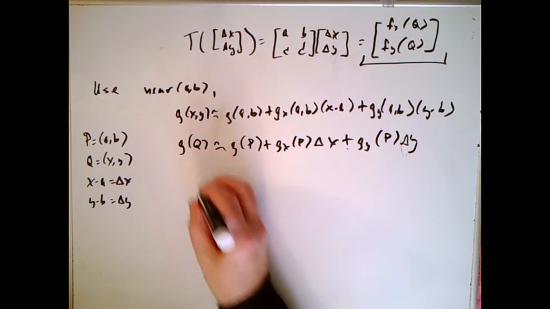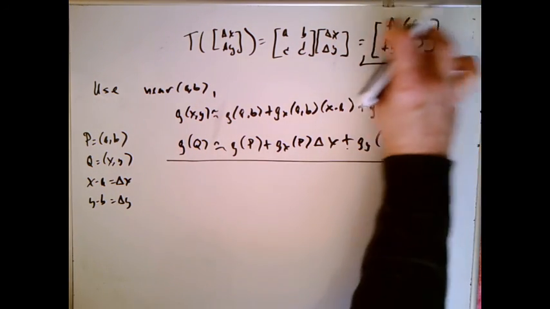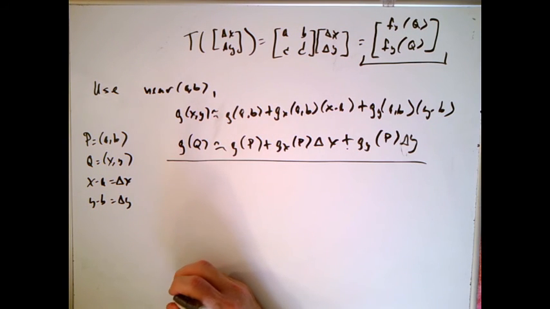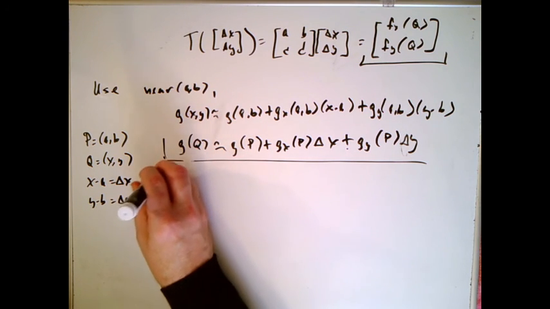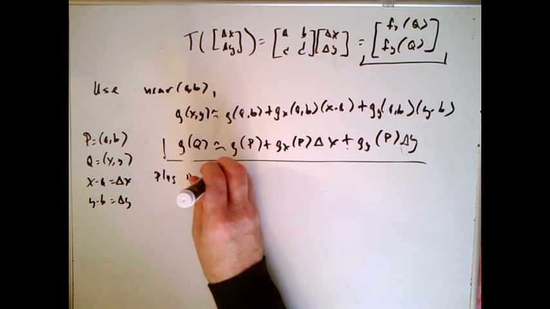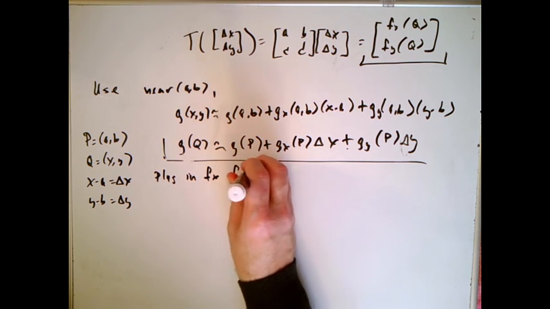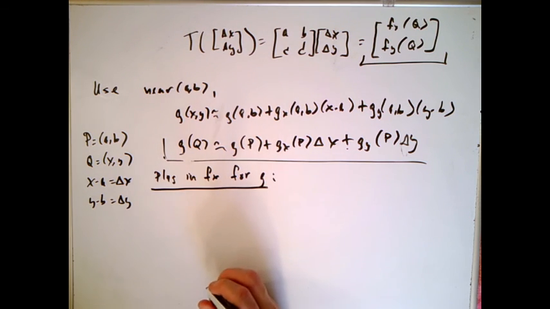Now, why did I do that? Well, what I want to do is estimate, for example, the partial derivative of f with respect to x at q. In other words, I want to take this formula for the linear approximation and plug in f_x for g. Wherever I see a g, I'm going to put f_x.